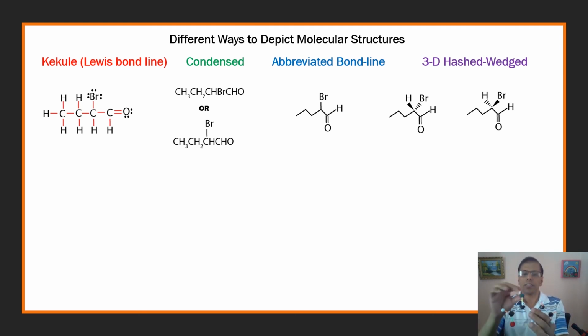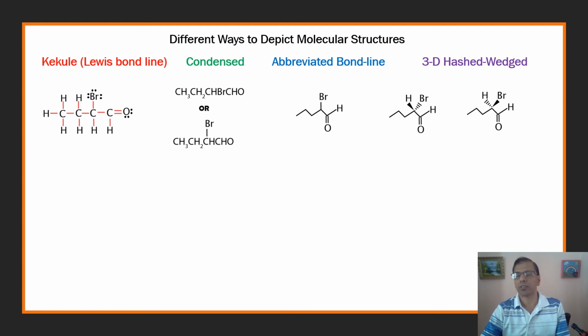You can see this is the bromine atom right here, and it is facing me. So it will be the wedge solid line. And if you switch the molecule like this, now the bromine atom is away on the other side, and so it will be represented by the hashed line.